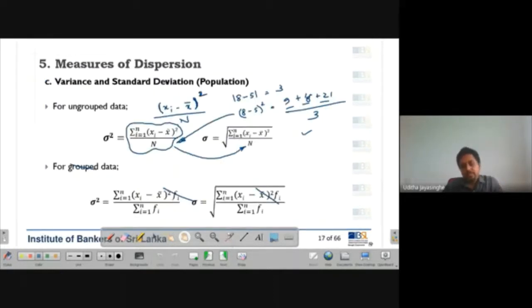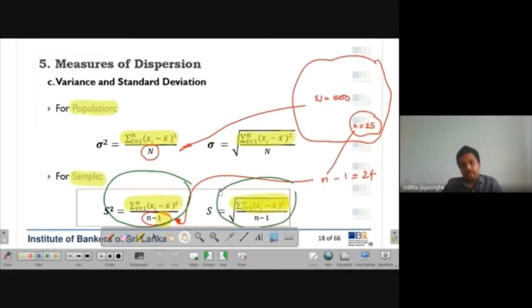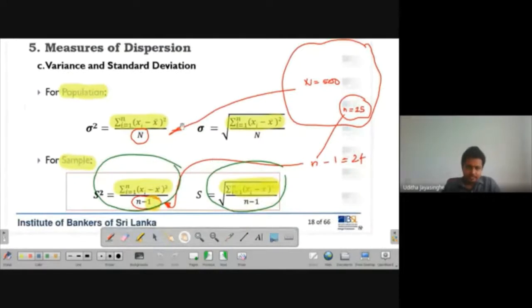The only thing to quickly recall is whether you're looking at a sample or a population, which is the salient take-home point. Look at these two equations, students, quickly. You have the x i minus x bar. Now this part is not new. We learned this under mean deviation also. We take the square so that we don't really have to take the modulus value.